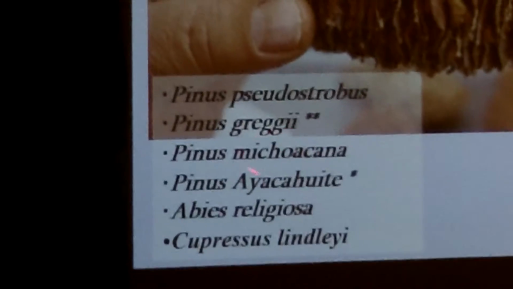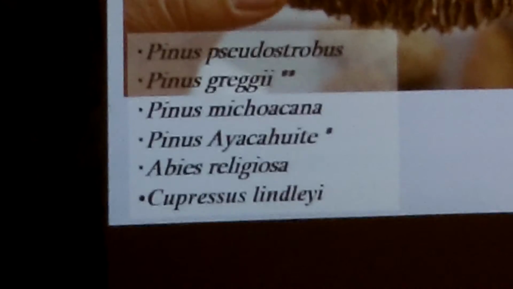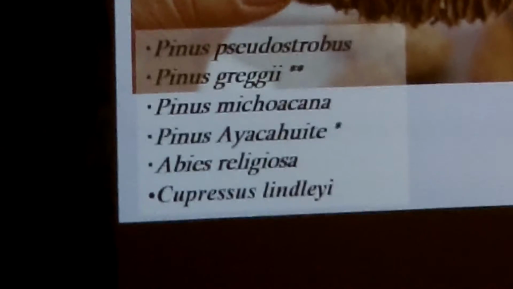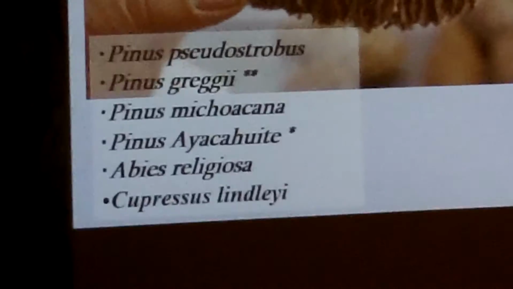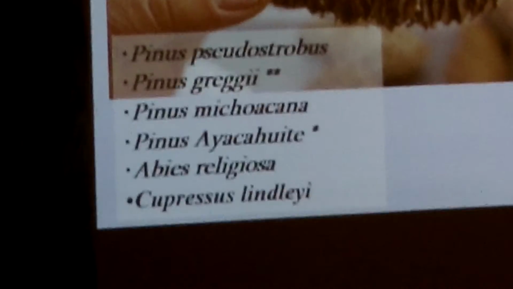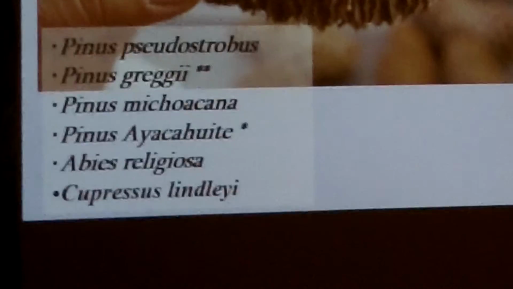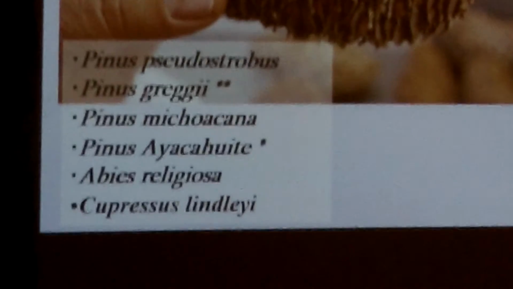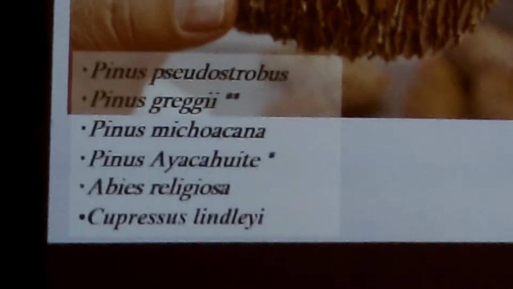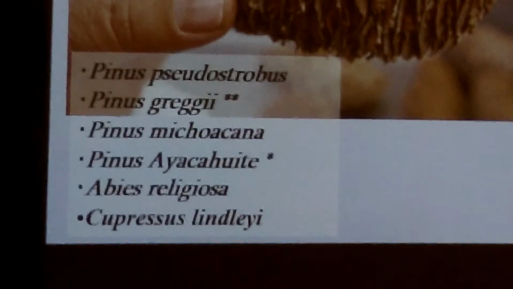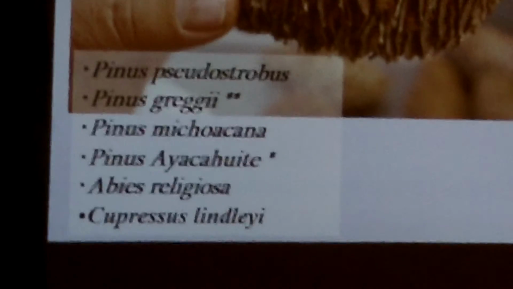And then the Pinus michoacana, and the Pinus ayacahuite, which is also listed by the IUCN as of less concern, but they consider that it should be listed because of the same issue, which is kind of interesting. It's the same repetitive story. What the IUCN is indicating is that even if the ayacahuite is a species that spreads quite easily, because of the deforestation rates, it's disappearing. So it's the same story again.